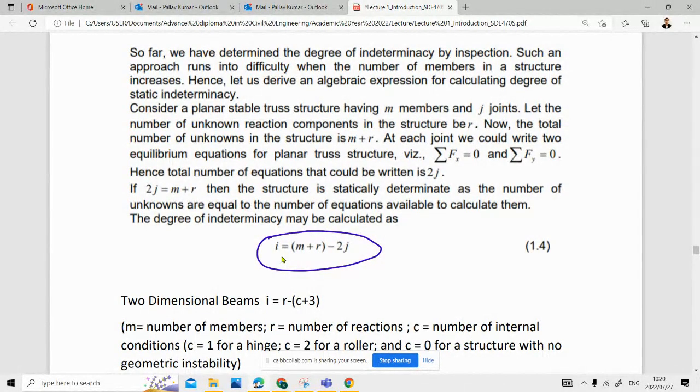So did you solve any indeterminate structure in your previous knowledge? Not that I can recall. No, I'm asking about indeterminate structures, where the unknowns are more than the available equations. Did you solve any such questions? We came across a couple, but we just brushed over it, for time restraints or something, but we haven't actually worked through a problem of an indeterminate structure. Okay, so in this course, definitely you will.